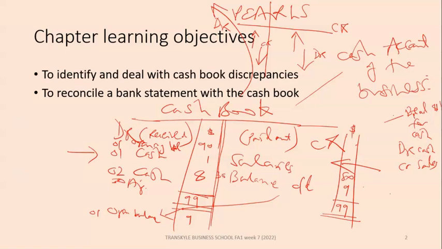At 30 April, the closing balance at the end of April was how much? Then the examiner would say, A, it was $9 credit. B, $9 debit.